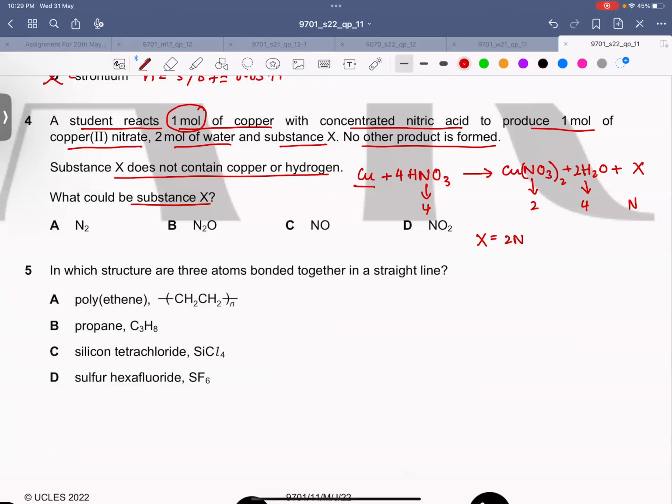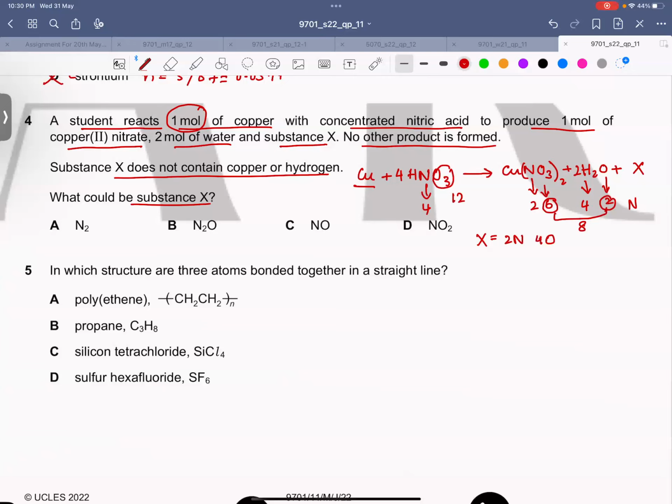Now, if you look at oxygens, here we are getting 6 oxygens, and here we are getting 2 oxygens, and on the reactant side we have 12 oxygens. So there are 8 oxygens on the product side and 12 on the reactant side. So there must be 4 more oxygen.